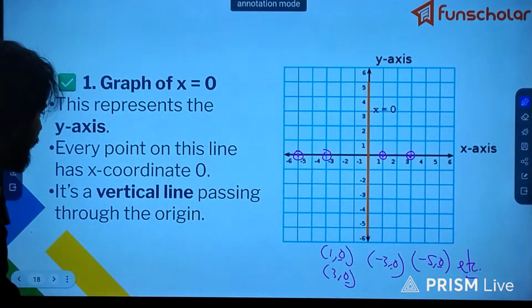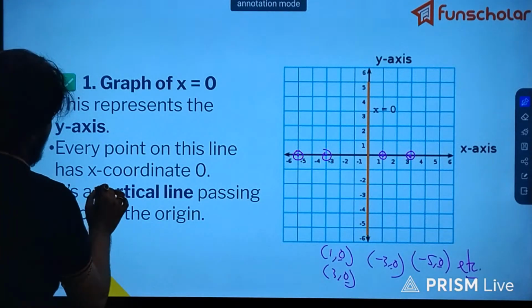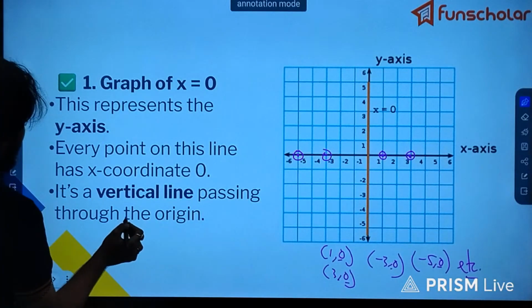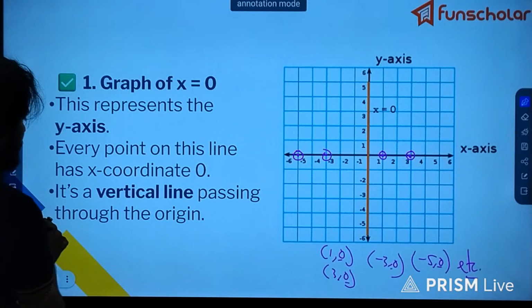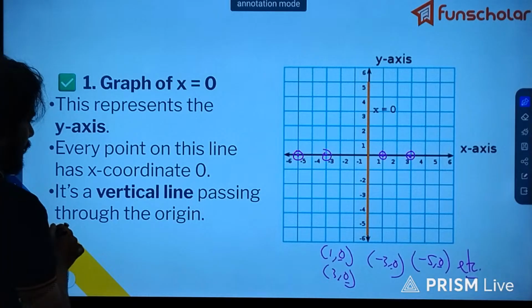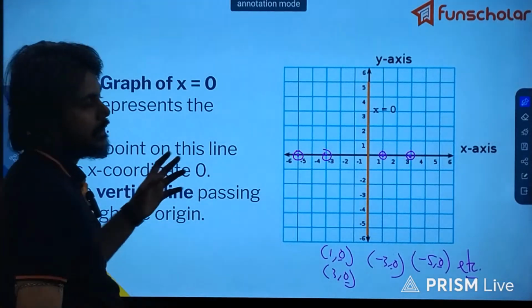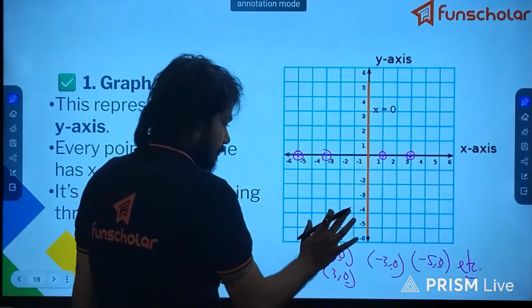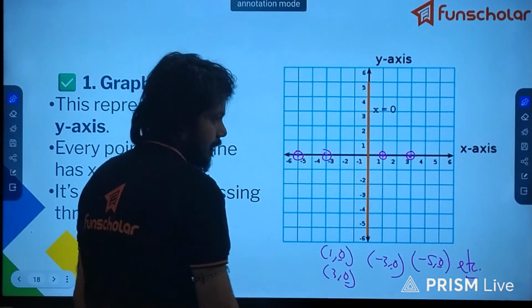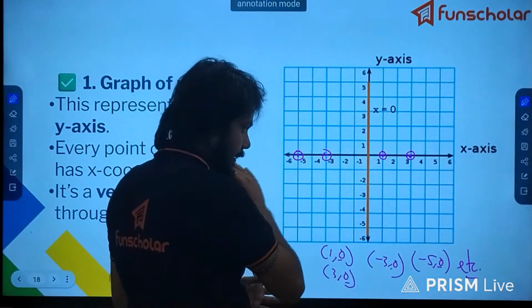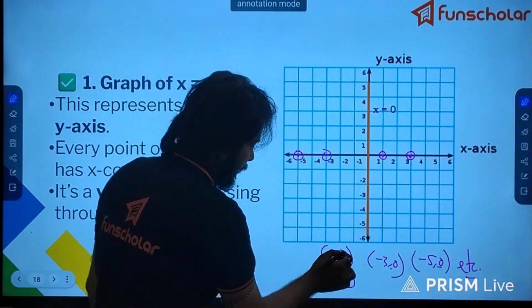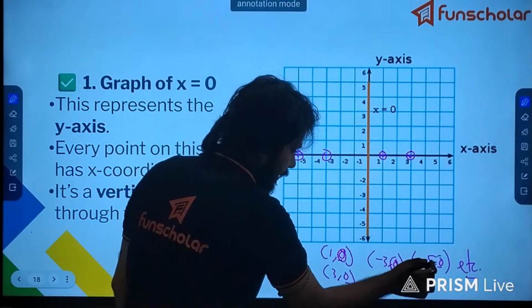Hence, we can definitely represent the x-axis, as mentioned in the second slide. From this, we can conclude that every point that lies on the x-axis contains the 0 ordinate.